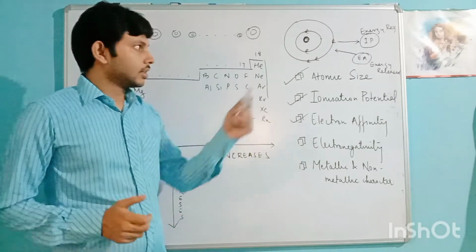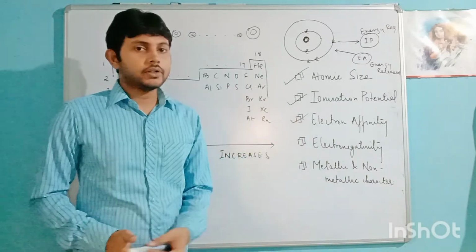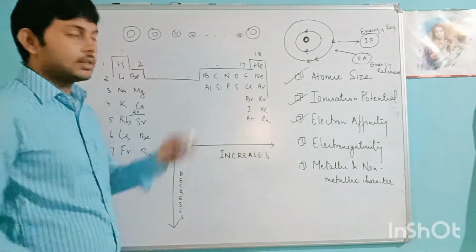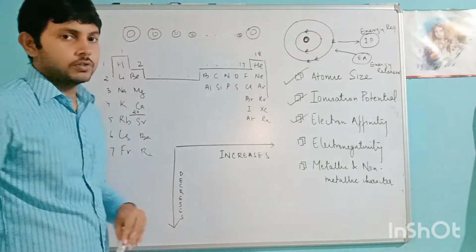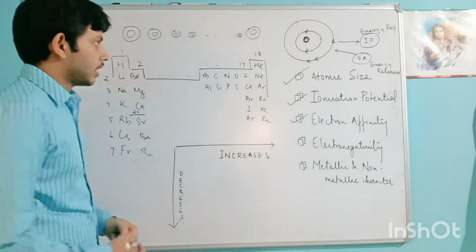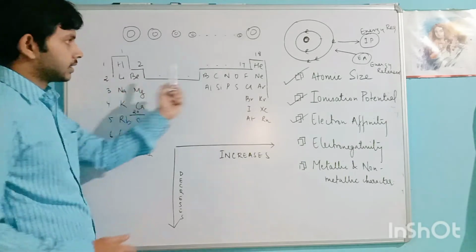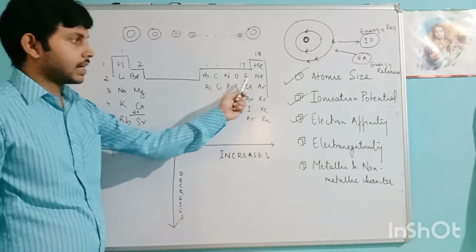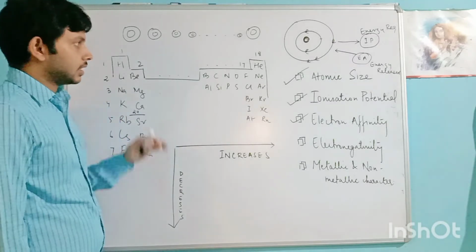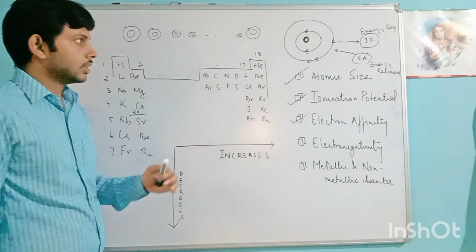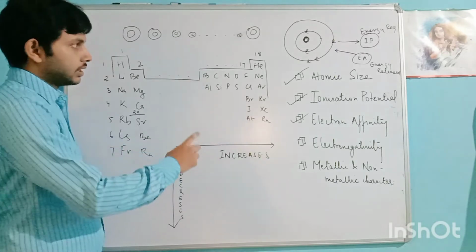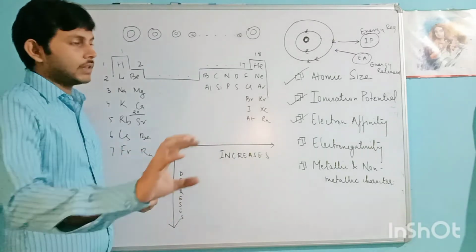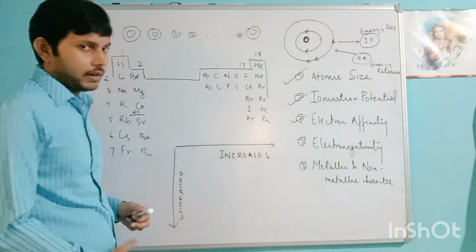Now, how do ionization potential and electron affinity vary across the period and down the group? Let's see. Ionization potential increases across the period. The reason is the atomic size decreases since nuclear charge increases. Nuclear charge increases, so it becomes difficult to remove an electron, so more energy is required.